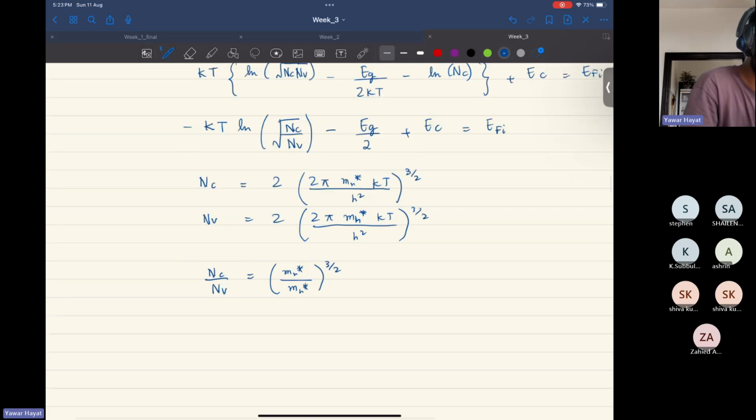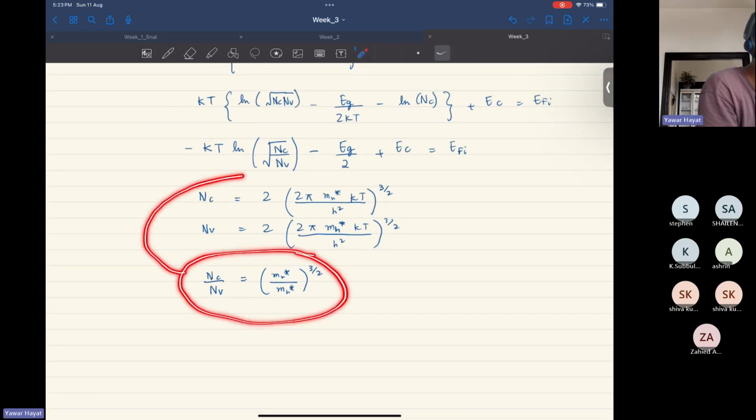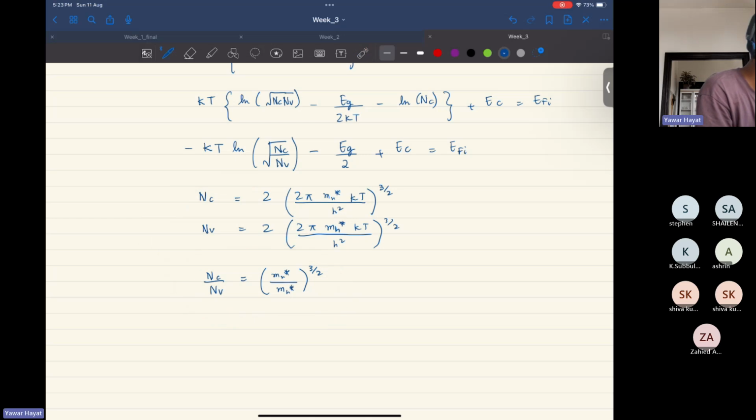So now I'm using that. I'll get this minus 3 by 4 kT ln of mn star by mh star.